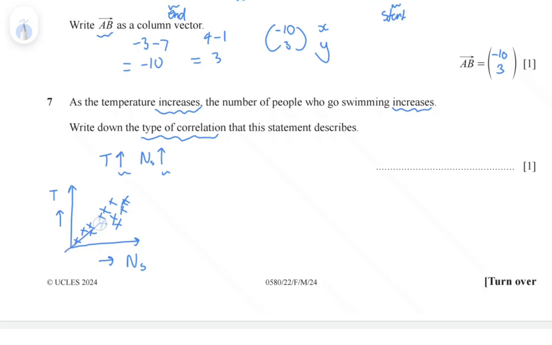And if we draw a line of best fit, it has a positive gradient, telling us that this is a positive correlation. Positive correlation will always have both variables increase with one another, while a negative correlation will have one variable decrease while the other increases. So we can tell that this is positive correlation.